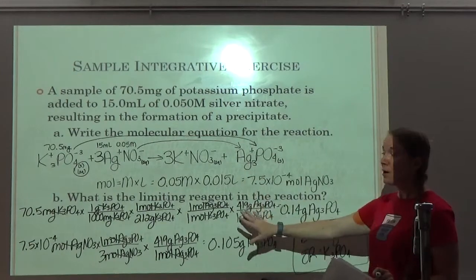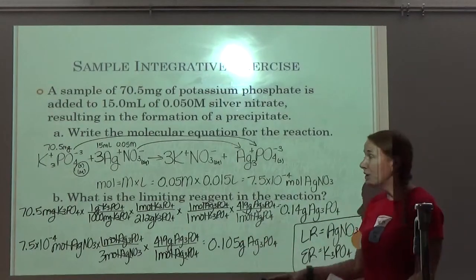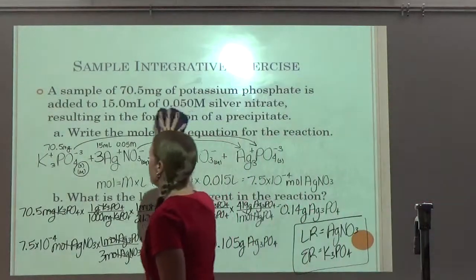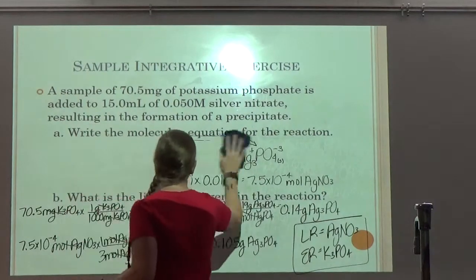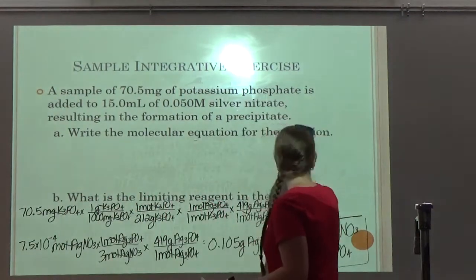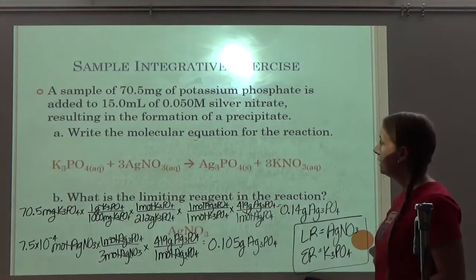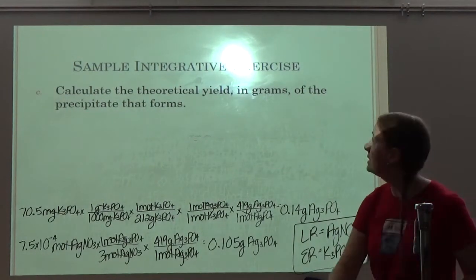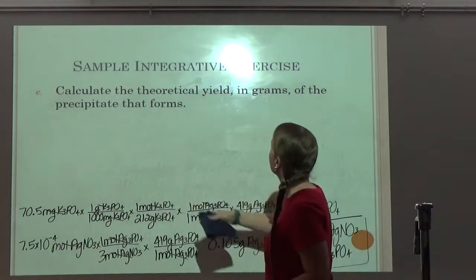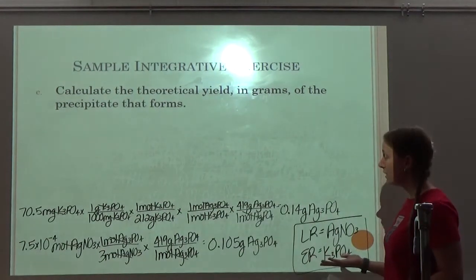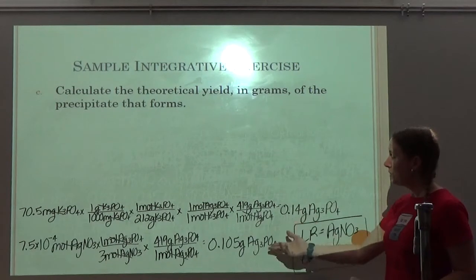Now I'm going to leave part B up here because in doing part B, we actually already did part C. Okay, so I'm going to erase part A though, and click. And part C says, calculate the theoretical yield in grams of the precipitate that forms. Well, I have my two amounts.